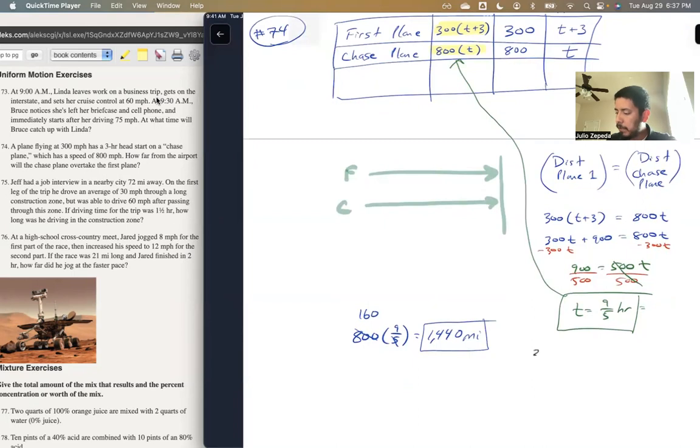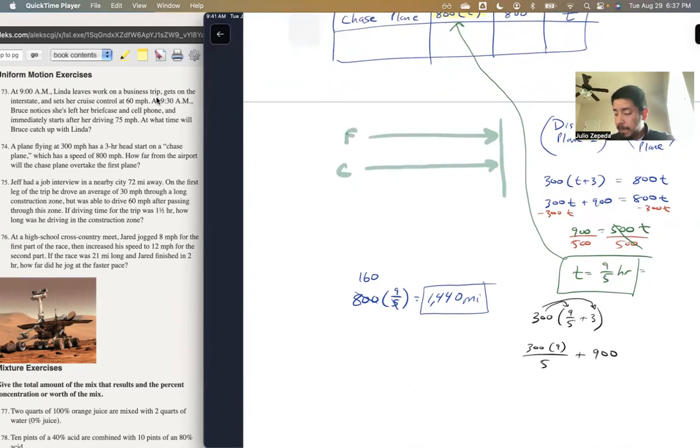And I'll write that here, 300 times 9/5 plus 3. And so what do we get? Let's see, I'll distribute. I get 300 times 9 over 5 plus 900. And then 5 goes into 30 6 times, so leaving us with 60. 6 times 9 is 54 with a 0 on the end.